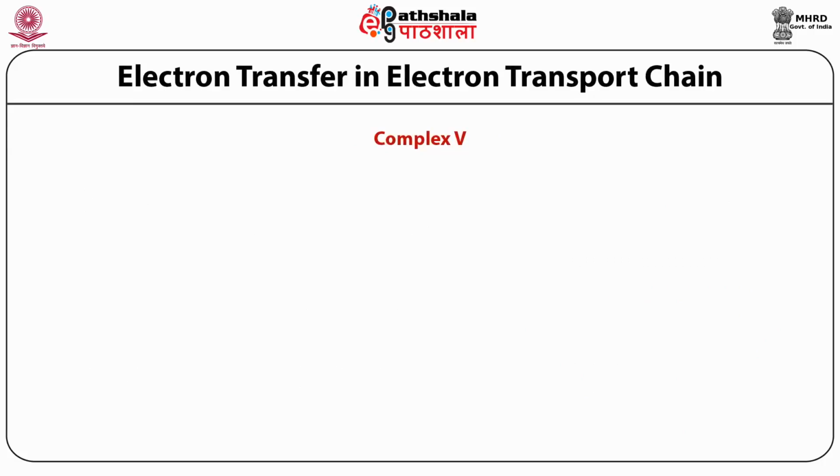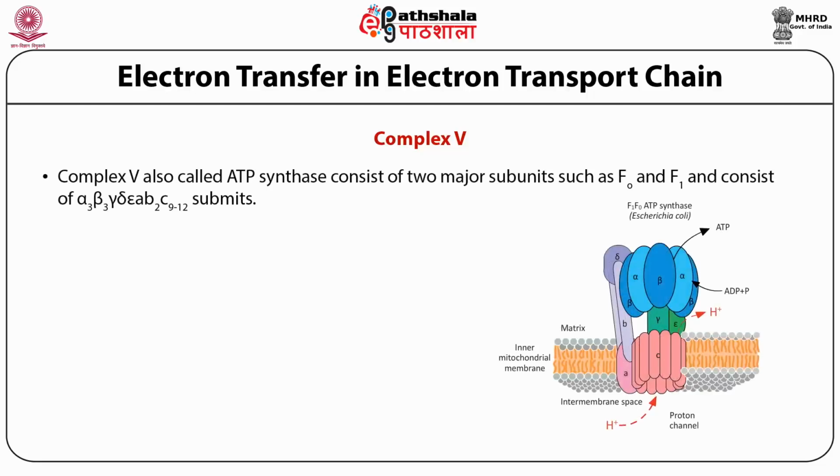As complex first, third and fourth pump protons from the matrix to the intermembrane space, it is complex 5 that is responsible for the proton movement from the intermembrane space back into the matrix.